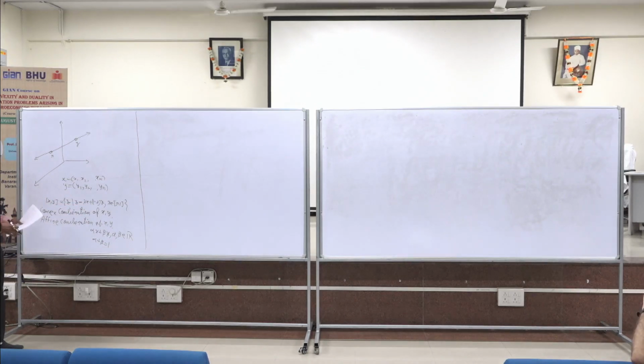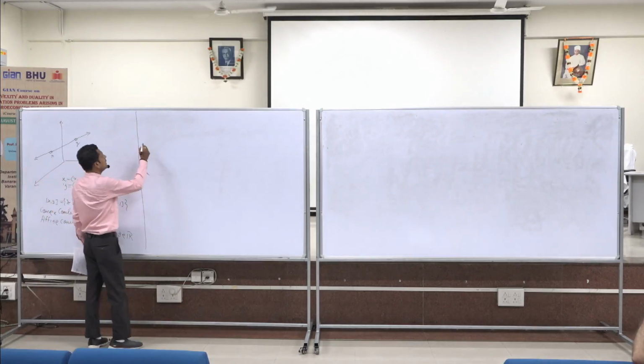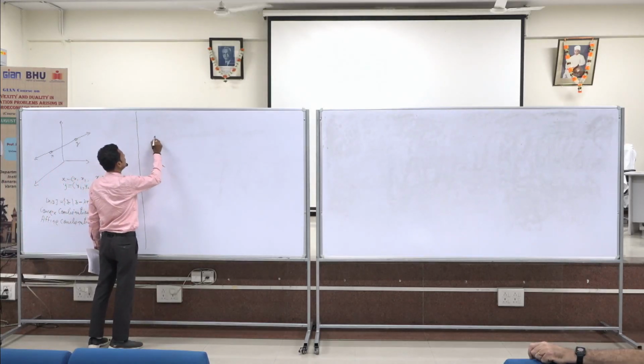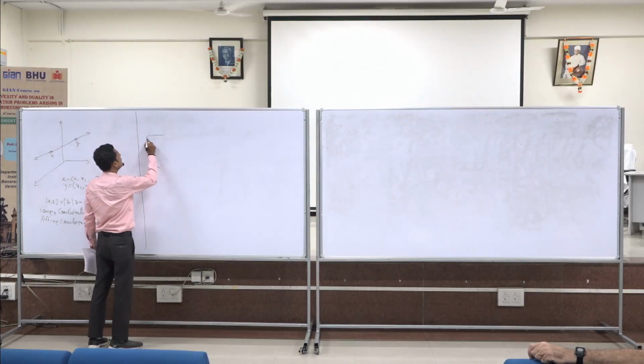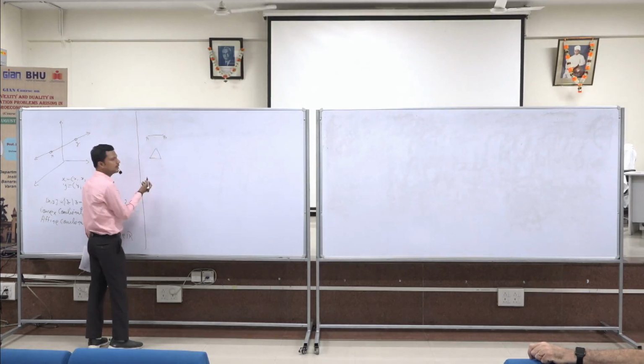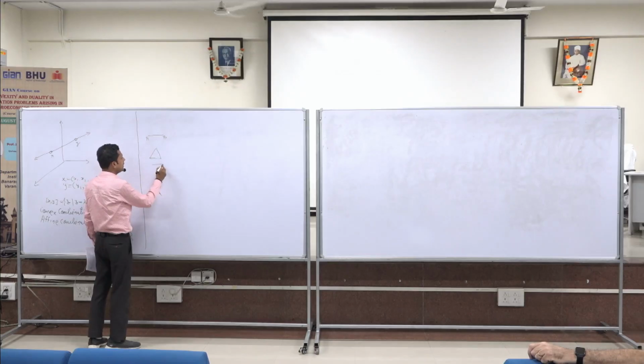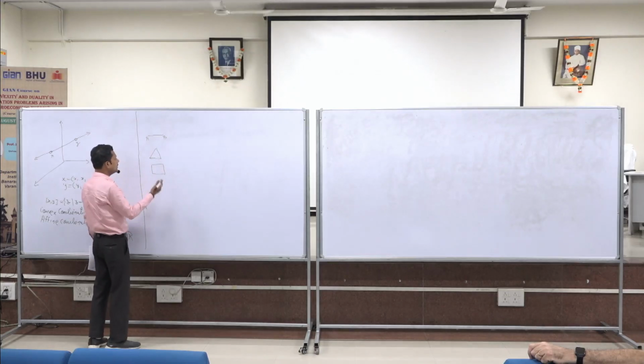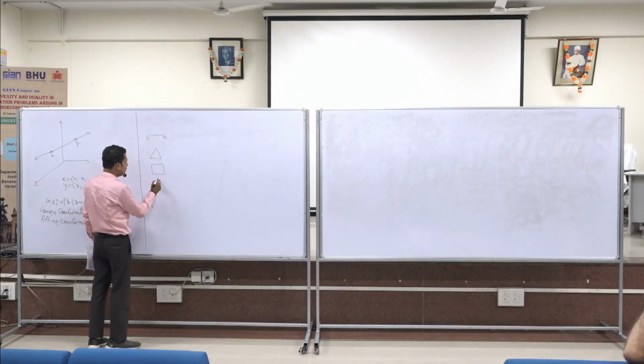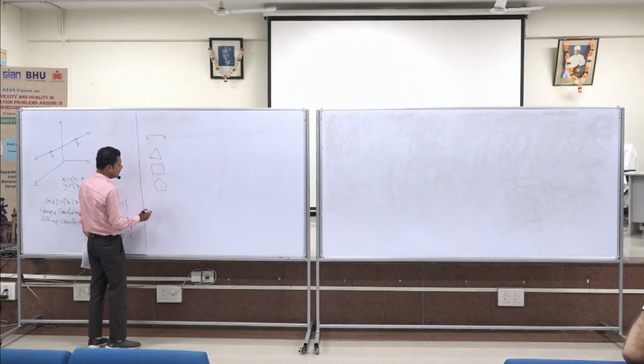So for a convex set, we can start from a point, and then we have 2 points, we can call them A and B. Suppose we have 3 points and we can add like this, and this is a triangle. Then we can increase the number of sides in a polygon, and if we keep on increasing like this, maybe when n tends to infinity, we will get a circle.